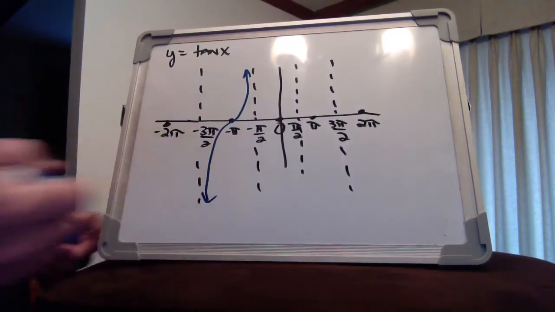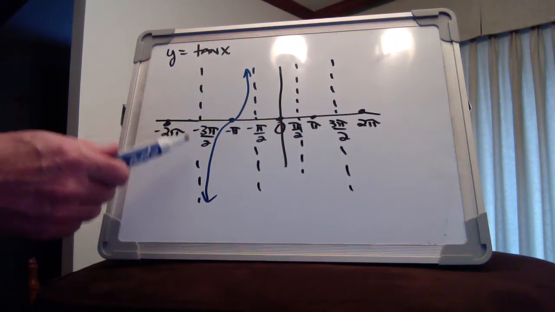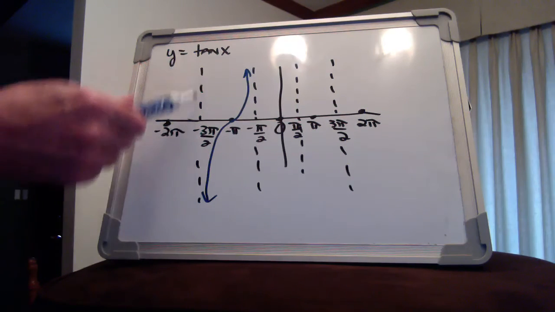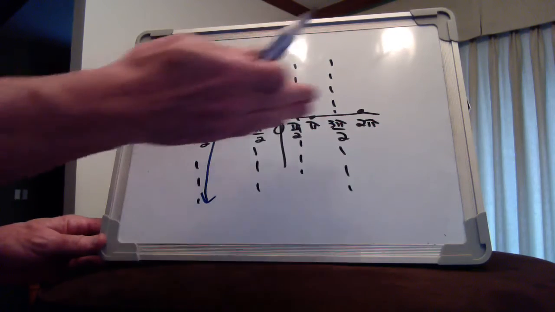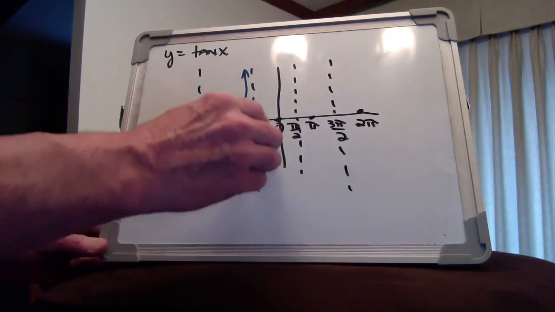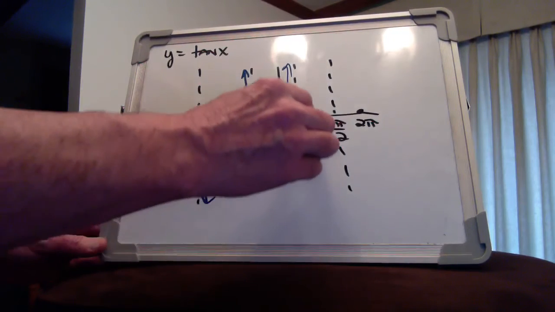These vertical asymptotes act as boundaries for each branch of the tangent function. So it's never going to intersect or cross a vertical asymptote. And it looks the same as I go to the right. Each branch is going to look the same, like this, and then like this.